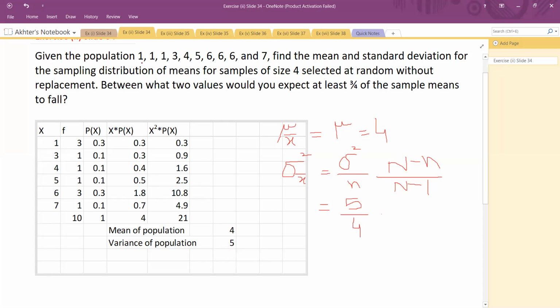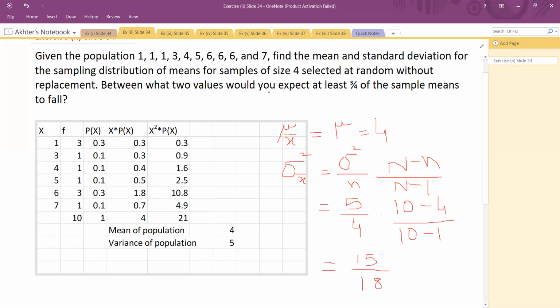The FPC uses the population size. We have 10 observations in my population, minus the sample size 4, divided by 10 minus 1. And the answer will be 15 upon 18. Now we have the mean and the variance of the sampling distribution of mean.